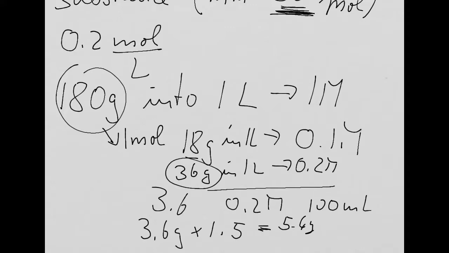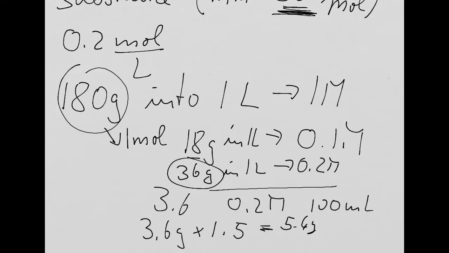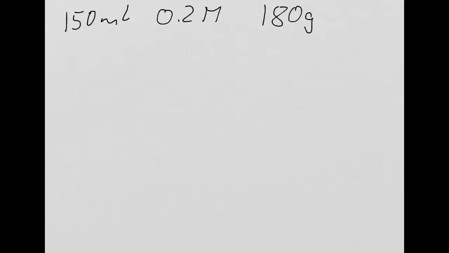Okay, here comes Peter's magic. Let me just write down what we wanted. We said 150 milliliters, again 0.2 molar solution, and it has 180 gram per mole, sorry. That's the molecular weight, just to remind myself. Here comes the magic.